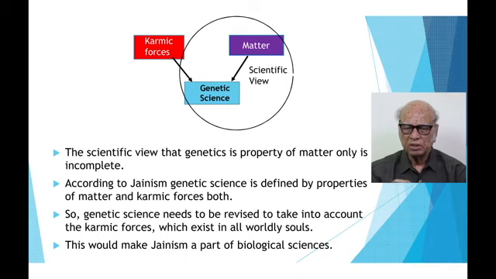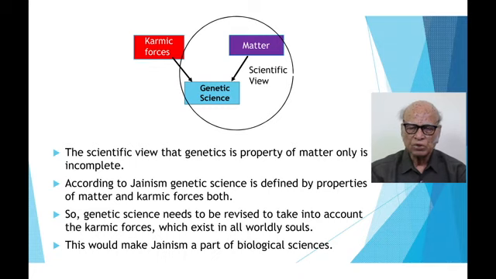So they study only the material properties and the genetic properties, and hold that the laws of nature and the properties of matter should be able to define genetic science.